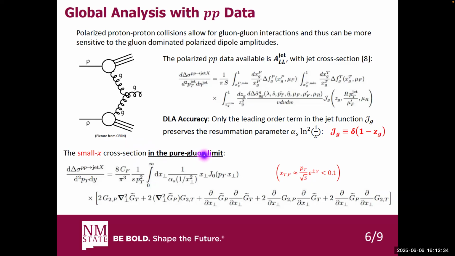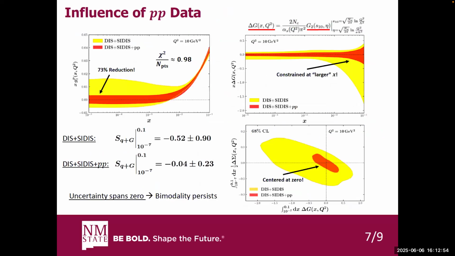They did it in the pure gluon limit, so I had to make a little bit of compromises there. But we do see that this cross-section is indeed sensitive to these gluon-dominated dipole amplitudes, G tilde and G2. And while this isn't a jet production cross-section per se, in the double logarithmic approximation, the jet function is just a delta function. So we can treat them the same, at least at this order.